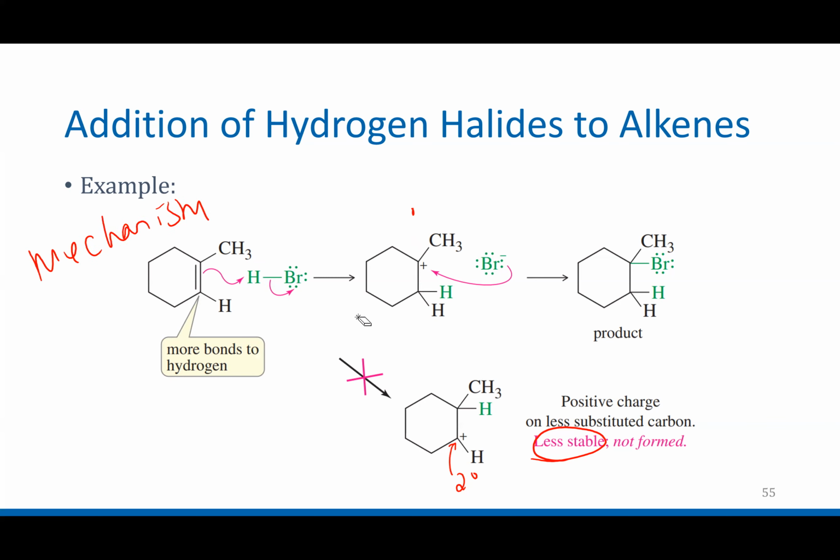And again, the way that this reaction happens is the double bond breaks. The electrons go with the electrophile, which is the hydrogen, and they grab onto the hydrogen. But now, because I've lost my double bond, I have a positively charged carbocation.